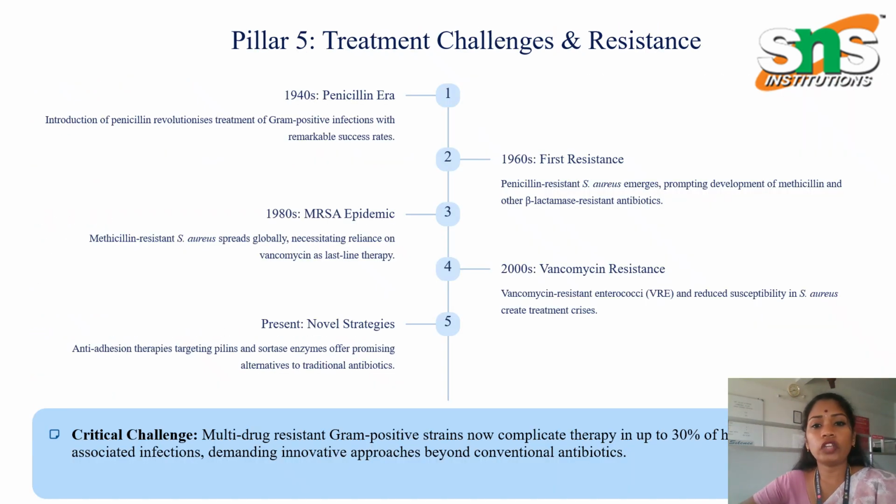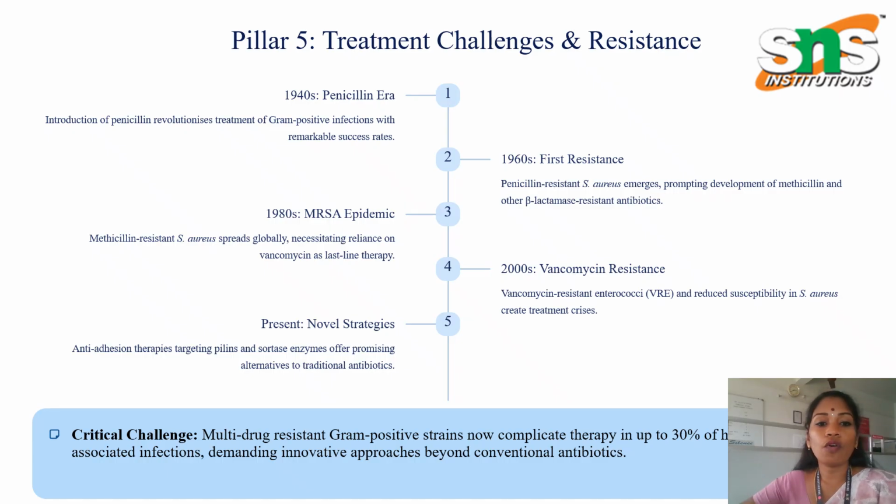And the treatment and challenges. In the 1940s, penicillin was the major treatment we could follow, and in the 1960s the first resistance appeared, so we give methicillin, a beta-lactamase resistant antibiotic. Then the MRSA epidemic came in the 1980s.